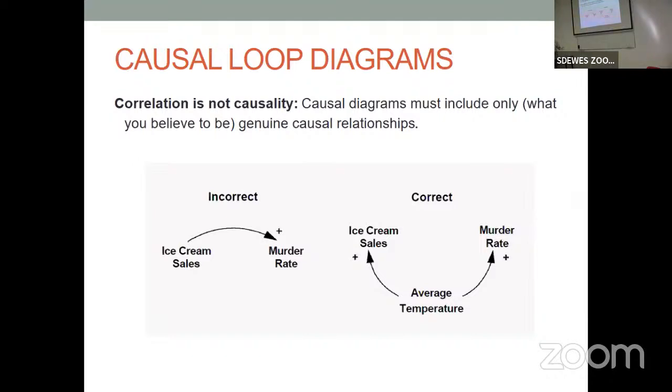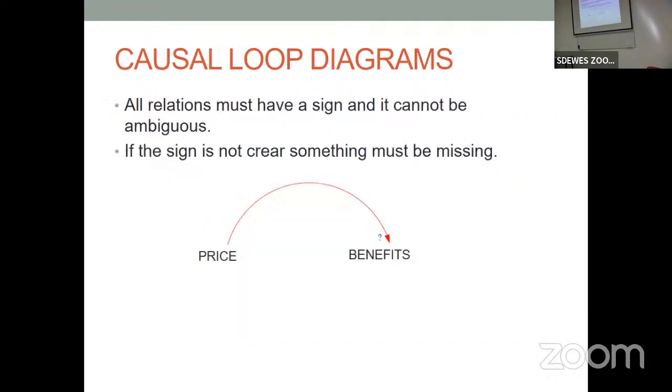What is the reason? Maybe there is a reason. With knowledge, I can understand that if we have a higher average temperature, probably we will have higher ice cream sales, and also a higher murder rate. But this is the knowledge way to explain things, and this is only the black way to explain things. This is a clear example of that.